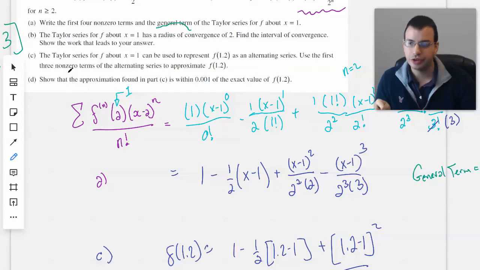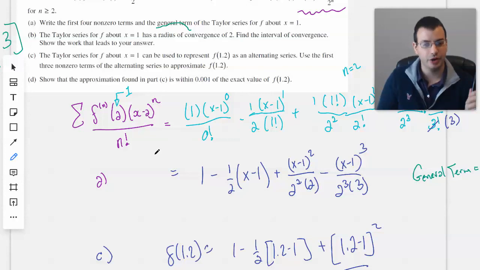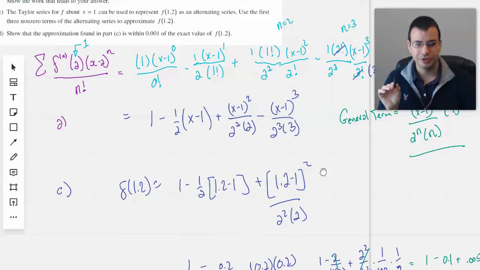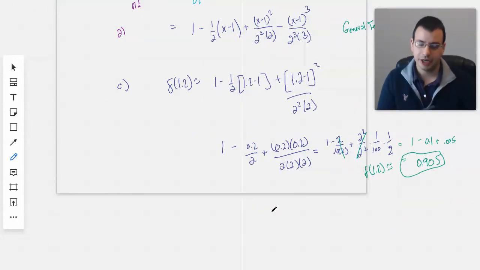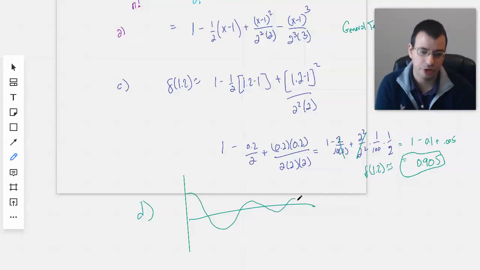Here's the first 3, now part D. Okay. So the approximation found in part C is within 0.001 of the exact value of f of 1.2. So this is why we only use the first 3 terms, because they wanted to set us up to be able to solve. So the idea behind an alternating series is you have an approximation that keeps getting closer and closer to the right answer.